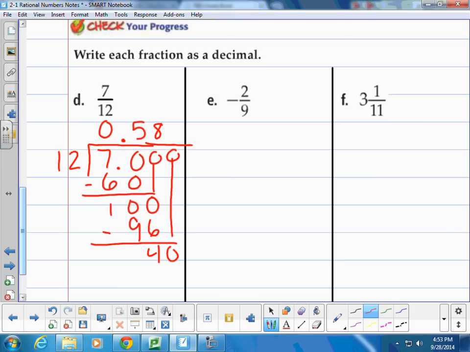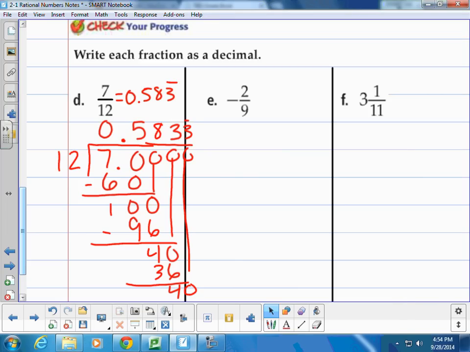I do know that 12 goes into 36 3 times, so that's a little less. And then I notice I'm going to keep getting now those 4s. So what number is going to repeat is that 3. So 7 twelfths is the same as 0.583 with the 3 repeating.